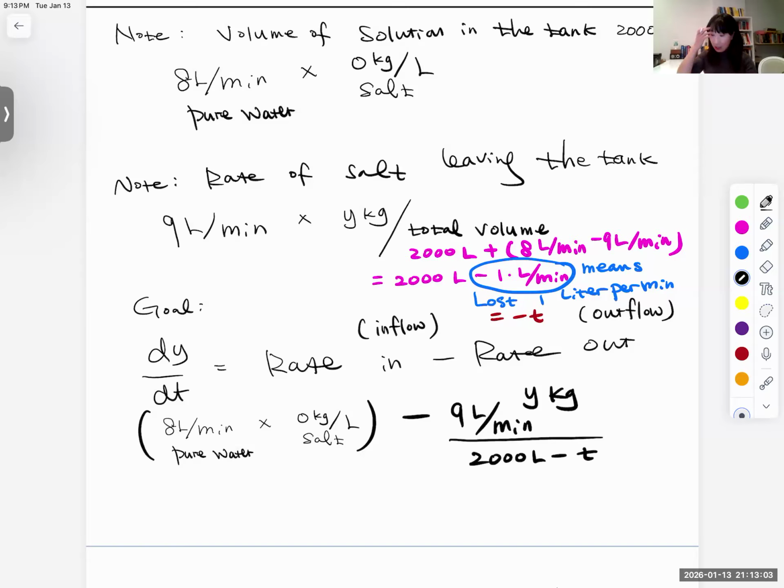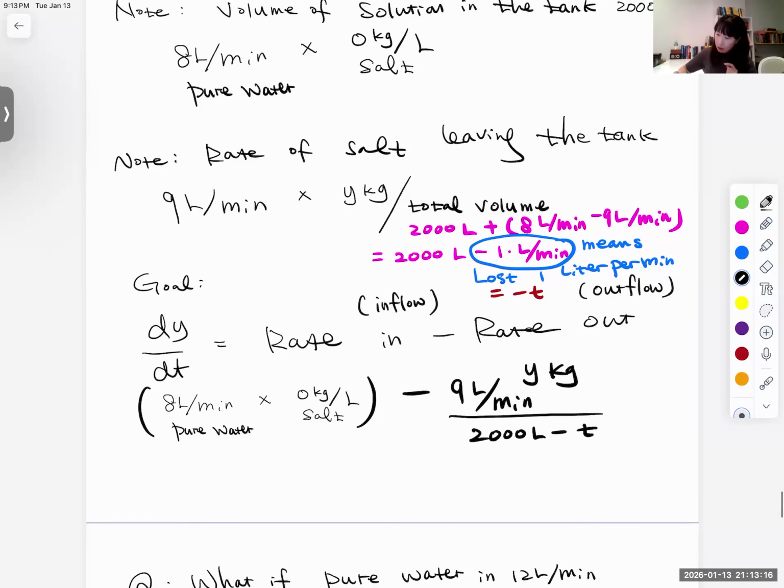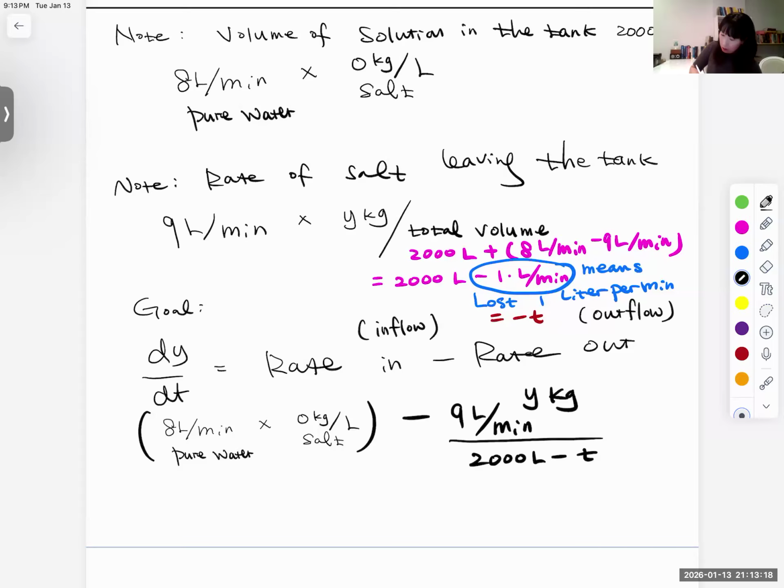So we understand where the t comes from, right? Now let's simplify. The first term in the parenthesis is 0, right? So there will be negative 9y over 2000 minus t.